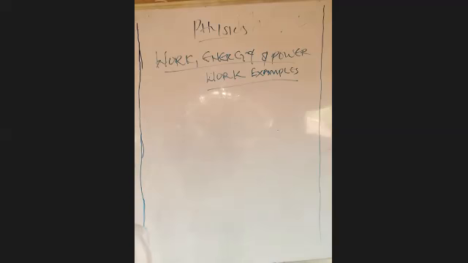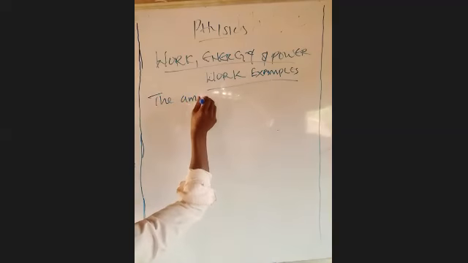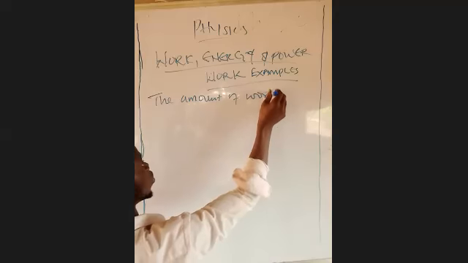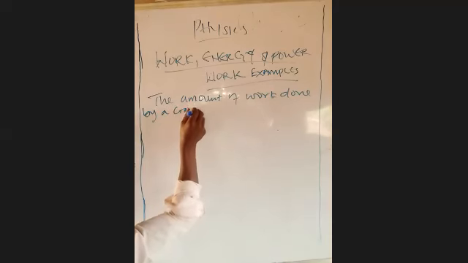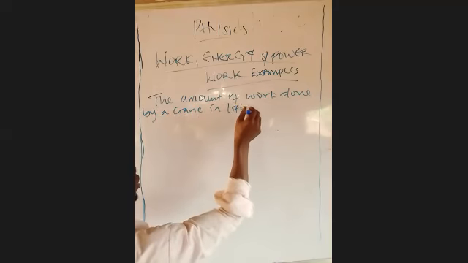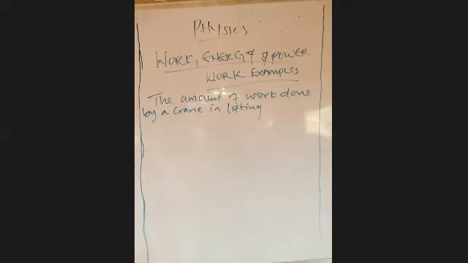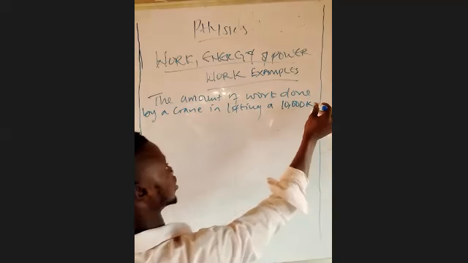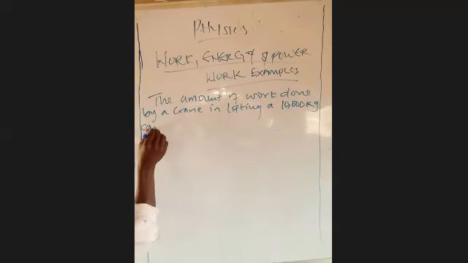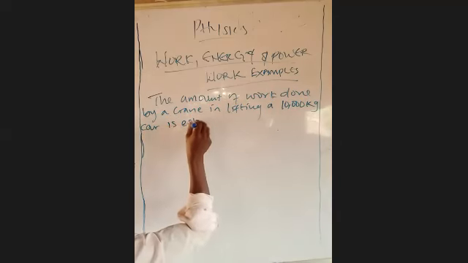Now, the question we were dealing with in our previous class said: the amount of work done by a crane in lifting a 10,000 kg car is estimated to be 3 millijoule.